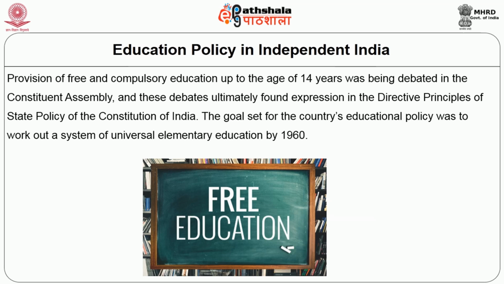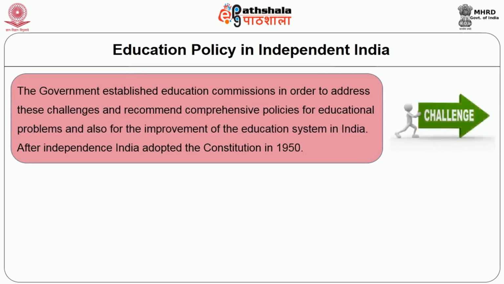The goal set for the country's educational policy was to work out a system of universal elementary education by 1960. The government established education commissions in order to address these challenges and recommend comprehensive policies for educational problems and also for the development of the educational system in India.